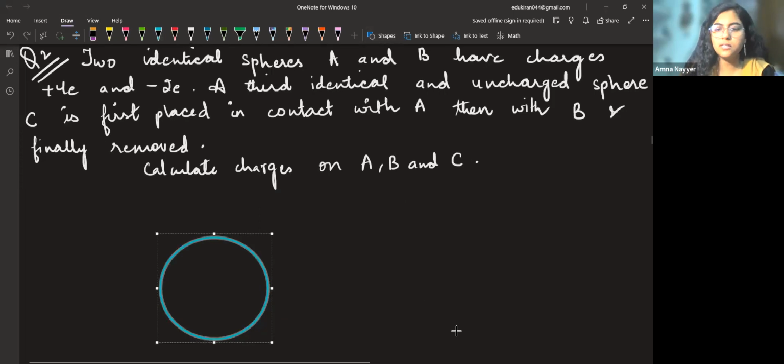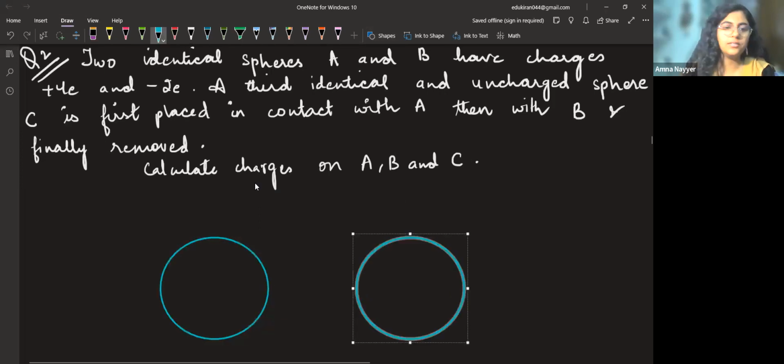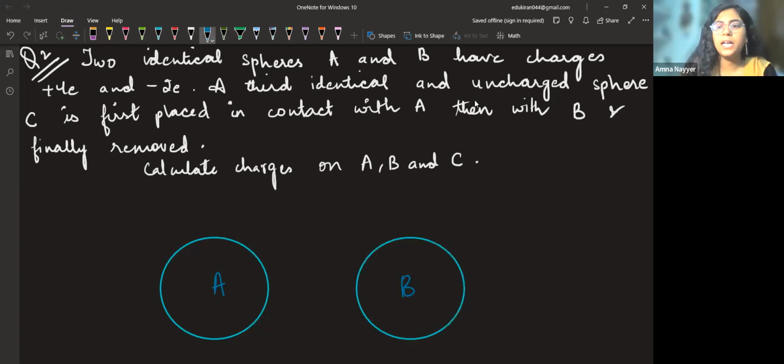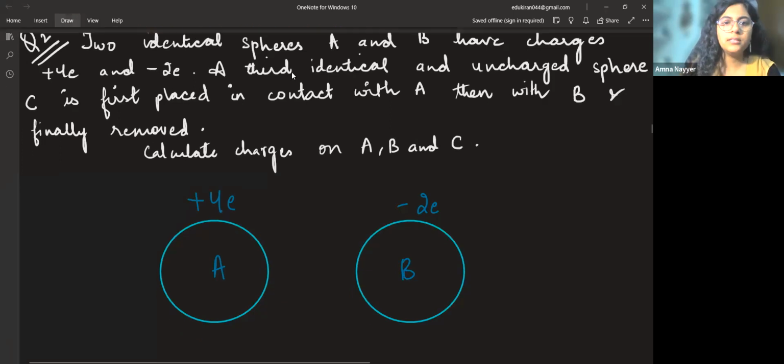This is another sphere. This is A, this is B. So they have charges here. This has plus 4e, this has minus 2e. This is what is meant by the first line. First line done.